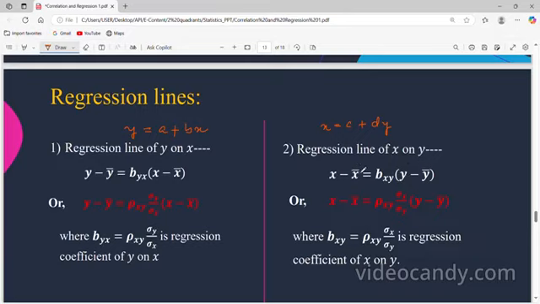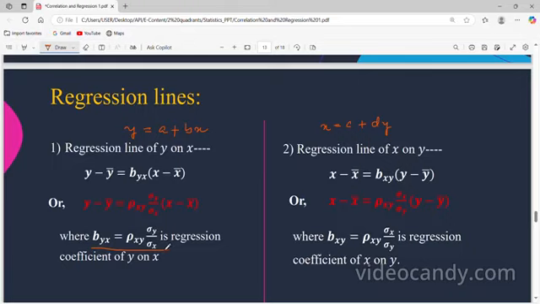So now finding the regression line by method of least squares. Here regression line of y on x is y minus y bar equal to byx (x minus x bar), or we can say y minus y bar equal to rho of xy sigma y by sigma x (x minus x bar). Here byx means rho xy into sigma y by sigma x.